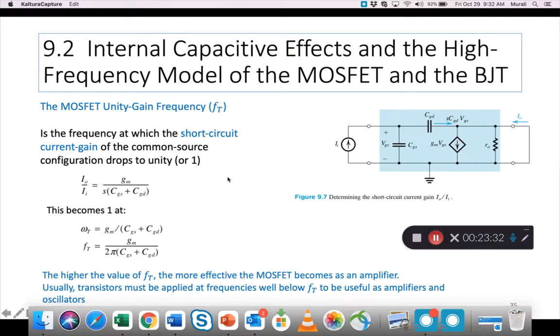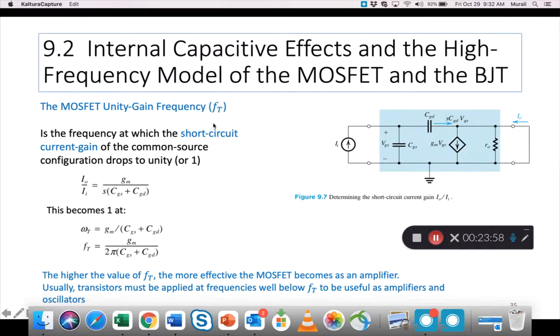Okay. Now the actual 3 decibel frequency, the minus 3 dB frequency, we'll come to that. There are different formulas and it depends on many other properties such as resistances also. But purely using the internal capacitances of the device and the transconductance Gm, you can first come up with a gain frequency Ft.